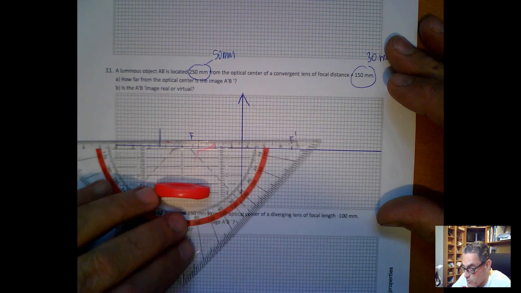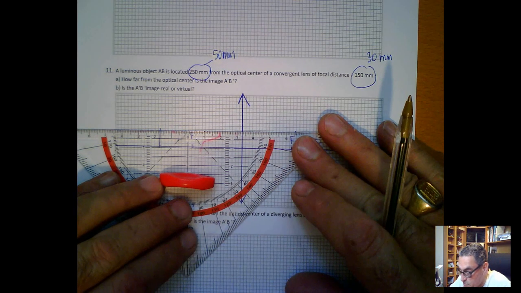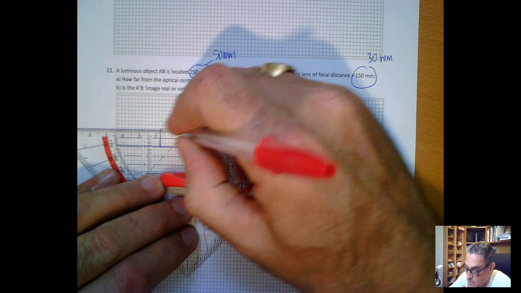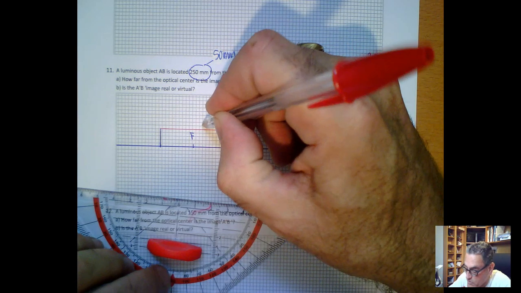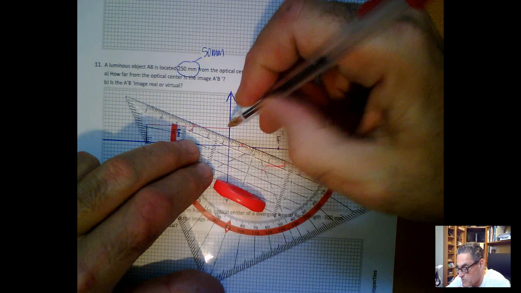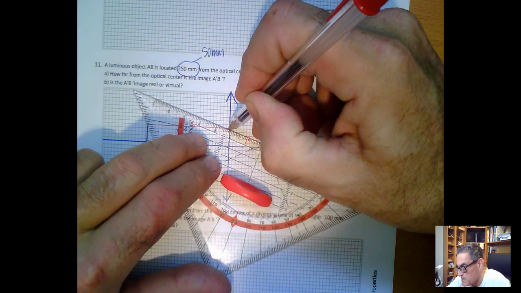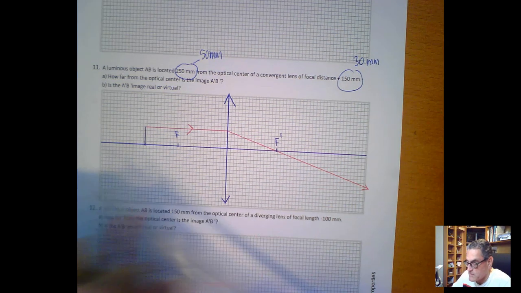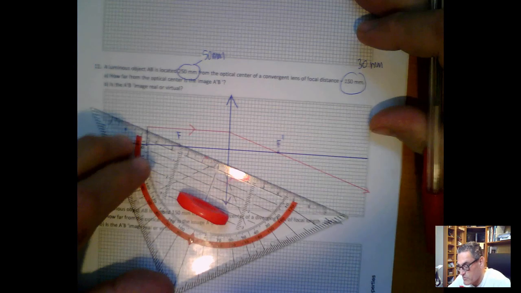Okay, so let's draw our principal rays. Here we have one, the one that arrives parallel to the optical axis, and this one continues and passes through the focal point.